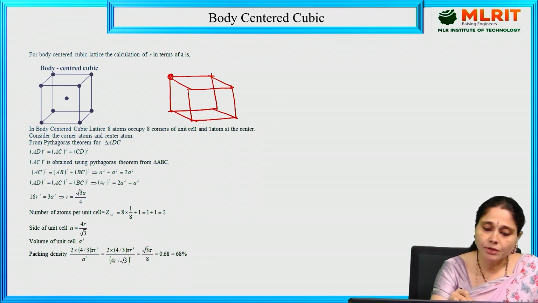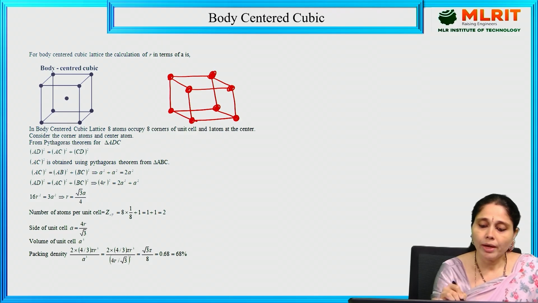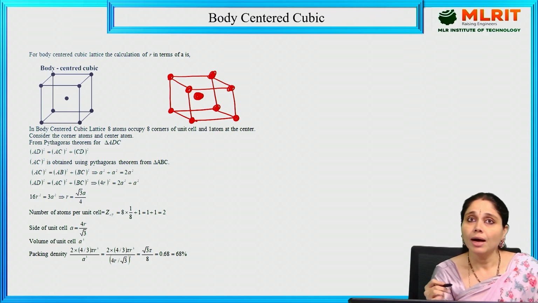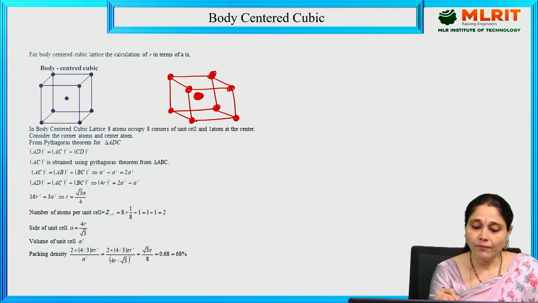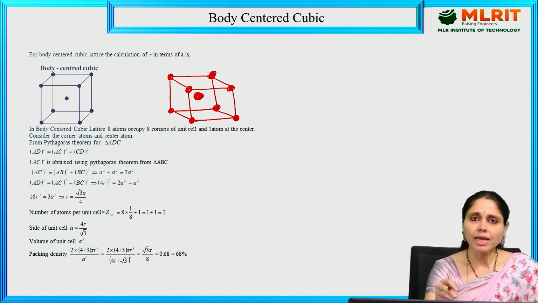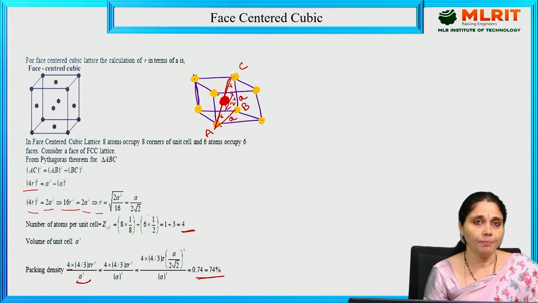A BCC structure has a body center. Okay. This may not be the same as the previous one. Why? Because the center of the body will not be the same as it is in the FCC.